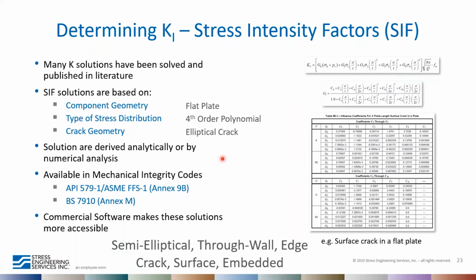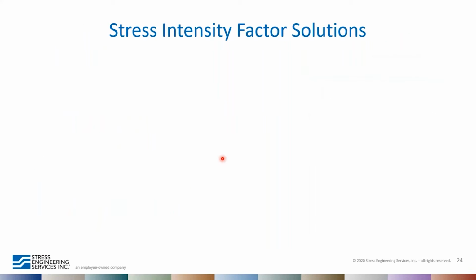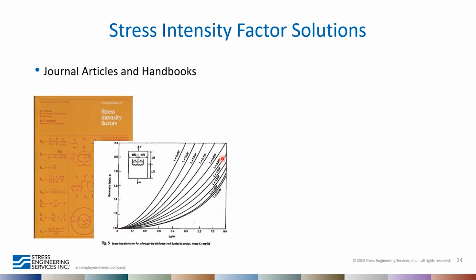Now, some of these calculations can get relatively complex, but the good thing is that there is a lot of commercial software that makes these much more accessible. Another source of stress intensity factor solutions are journal articles and handbooks, which can be used in performing analysis.